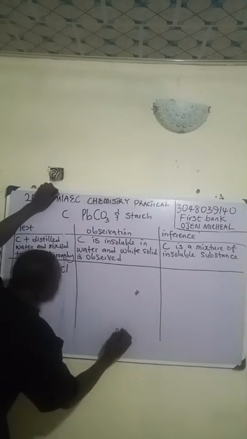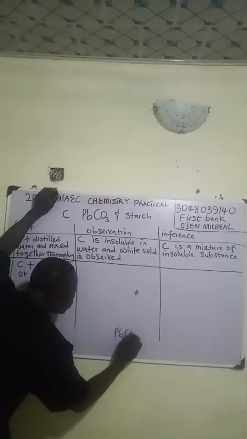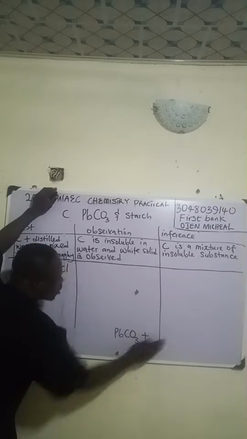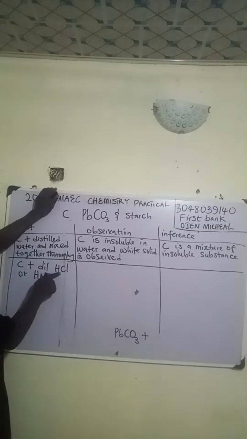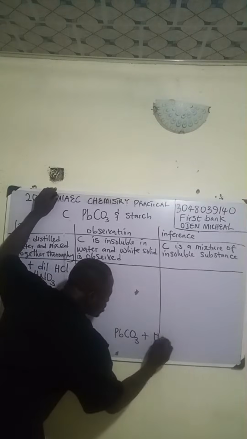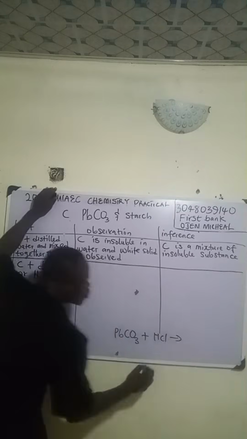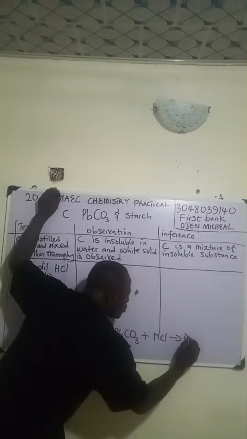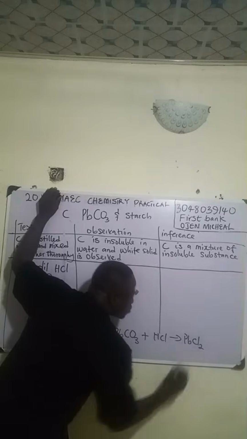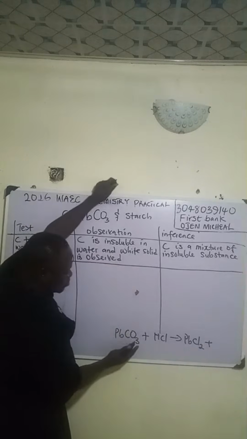So PbCO3 plus HCl, what you are going to see is PbCl2 plus carbon dioxide plus H2O.